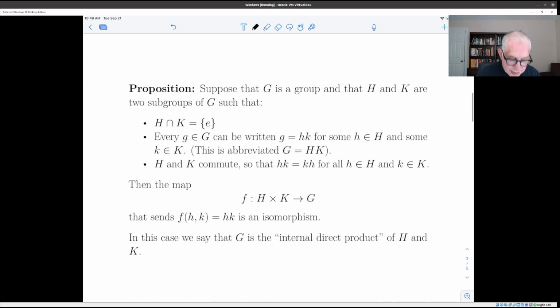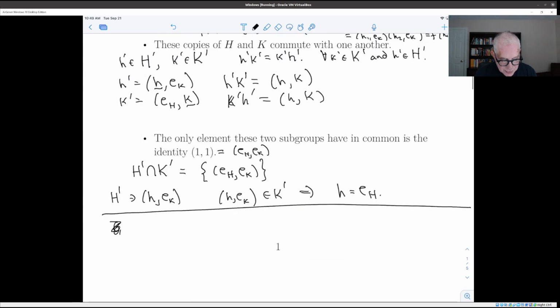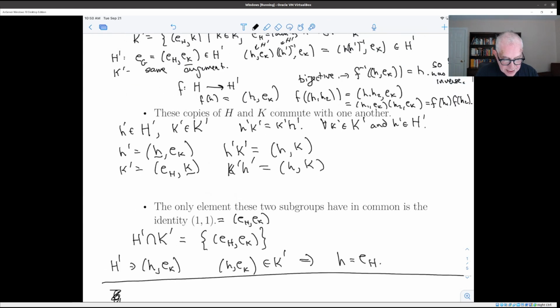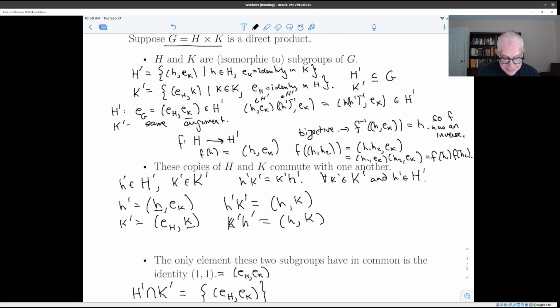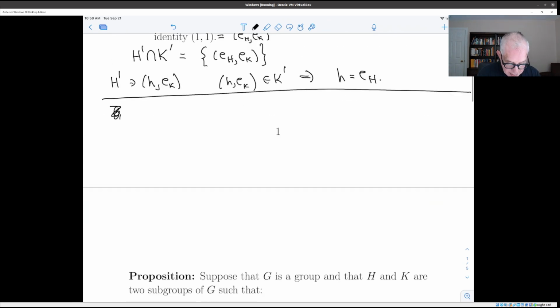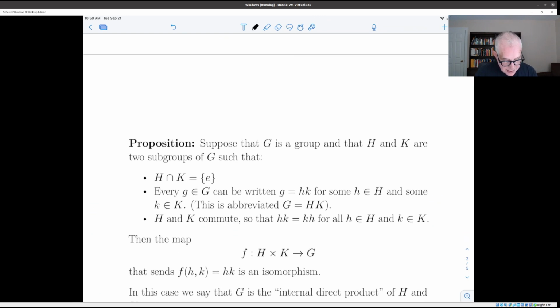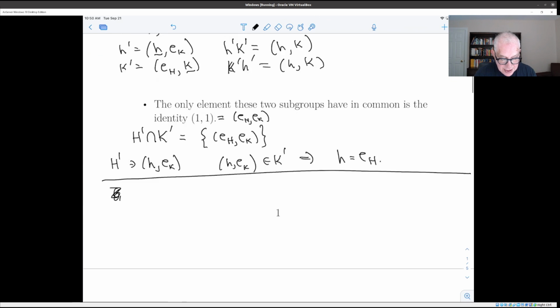So what we're going to prove now is that suppose you have a group, and suppose you have two subgroups which satisfy these three conditions. The only element they have in common is the identity. They commute with one another, and they're subgroups of G, with the property that every element in G can be written as a product H times K for some H and some K. That's clear here.